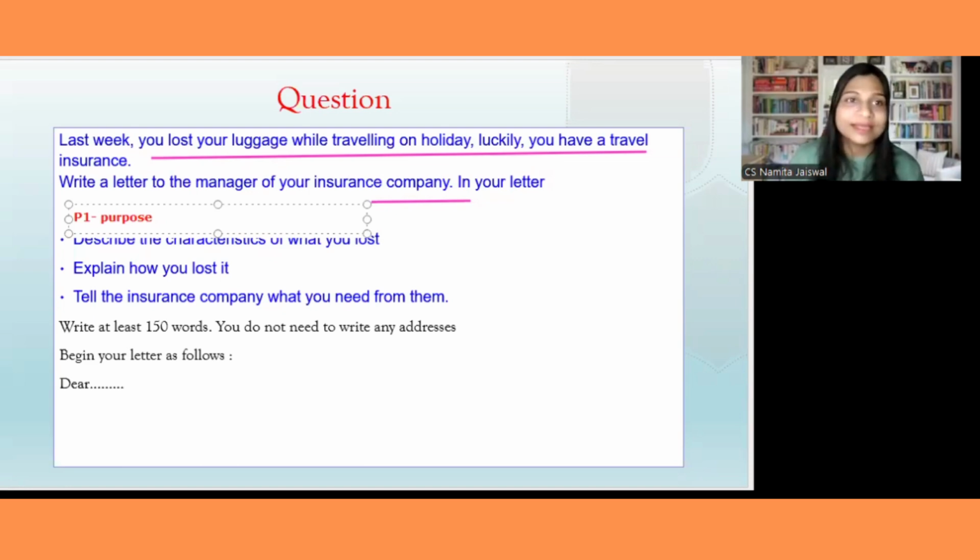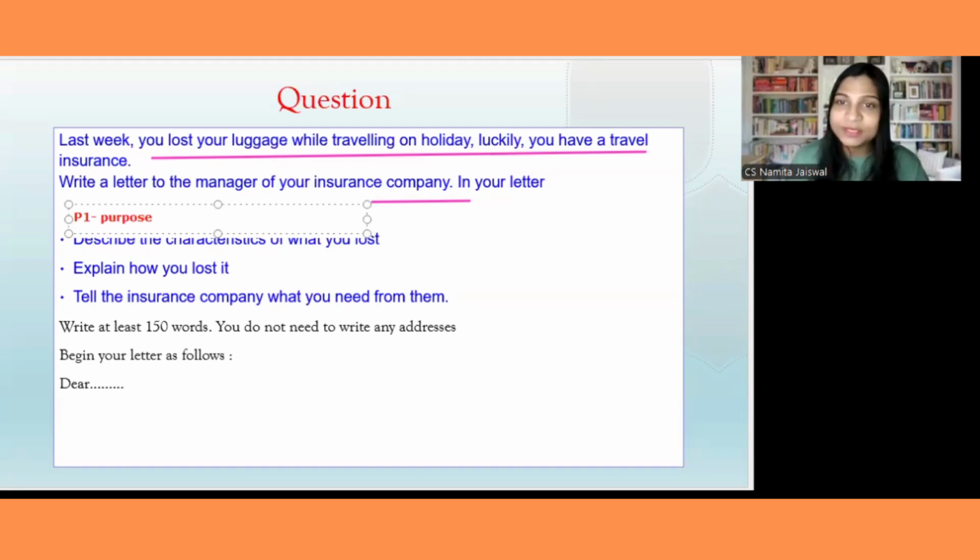So the next thing here is paragraph 2. In your paragraph 2, you have to write down everything about the characteristics of what you lost. This is very important to understand. Now in paragraph 3, you will mention how you lost your luggage. And in paragraph 4, you state what you need from them, what kind of service you need from the insurance company.